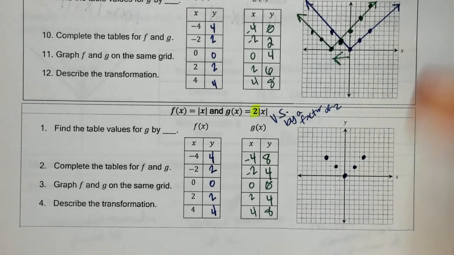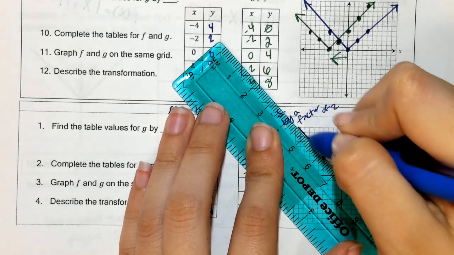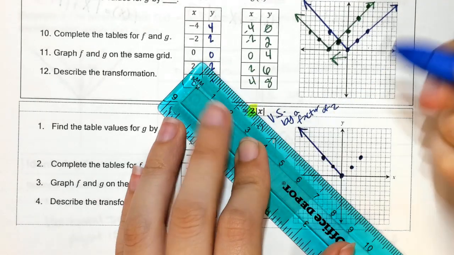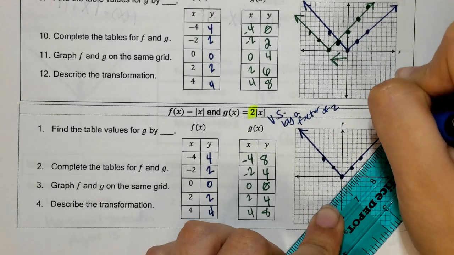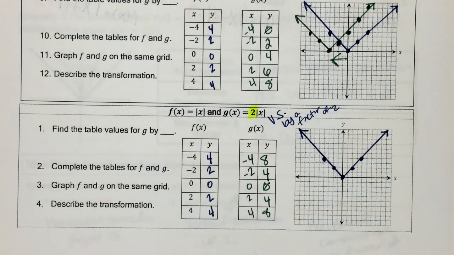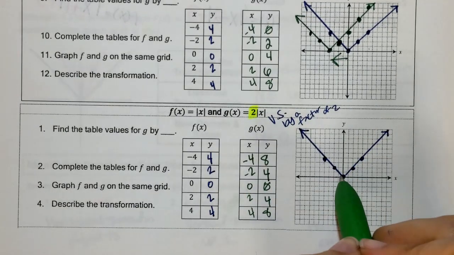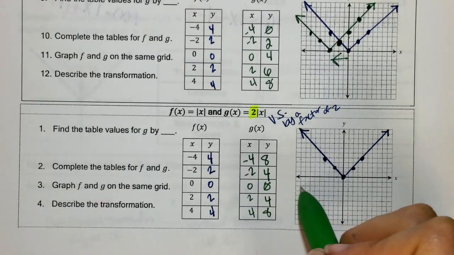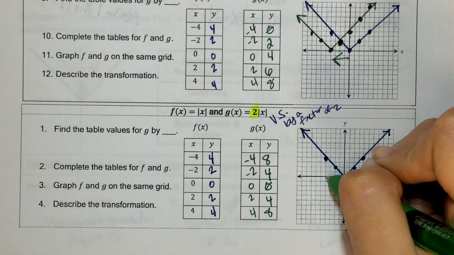So here is my original parent function once again, just the absolute value of x, with no transformations, no compressions, no translations, no reflections. And we're going to see what's going on to my graph. So I can see that I have -4, 8. So -4, 8.